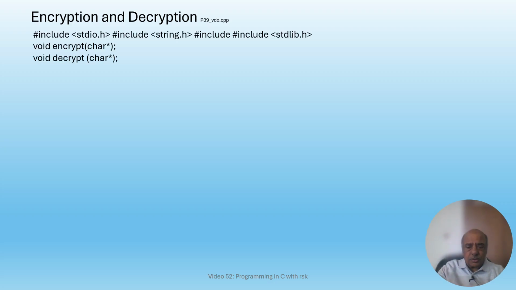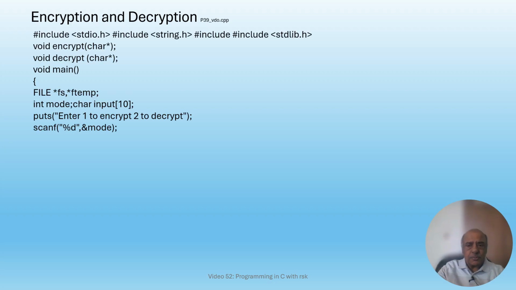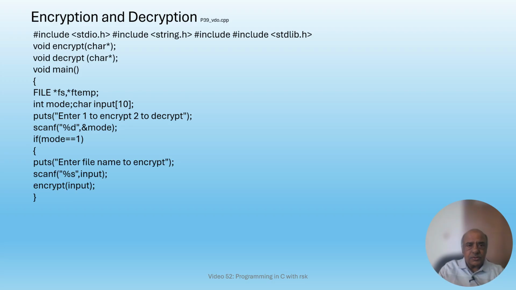How can we go ahead with our program? First, there are two functions declared, void encrypt(char*) and void decrypt(char*). Then there are two file pointers, fs and ftemp.